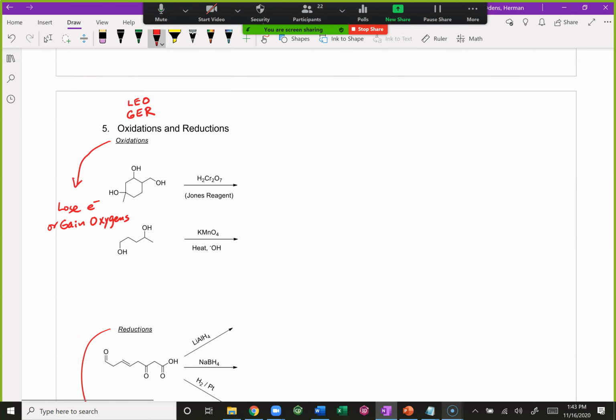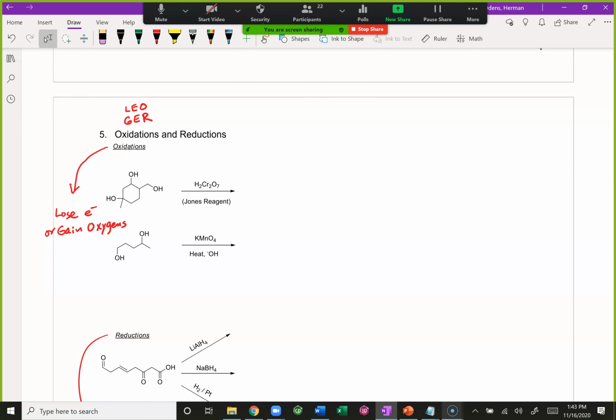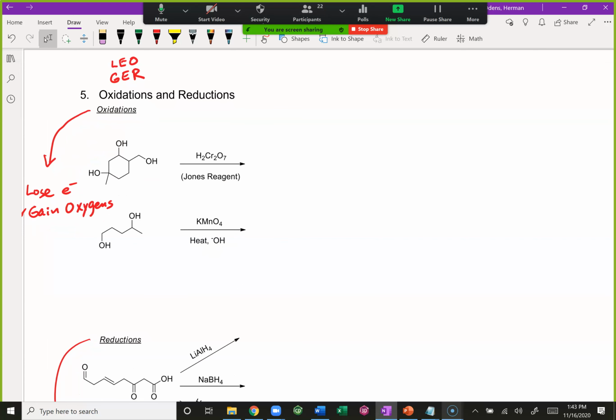All right, so check this out. Here you have a primary, a secondary, and a tertiary alcohol. If you subject all three of them to Jones reagent, which one of them or all of them will be oxidized, and why not?